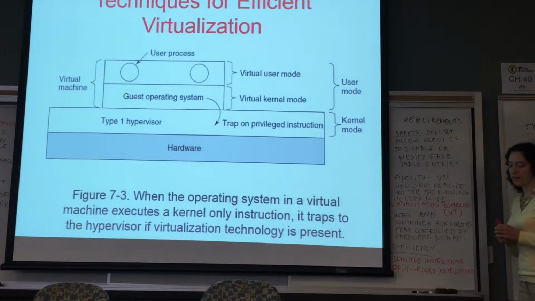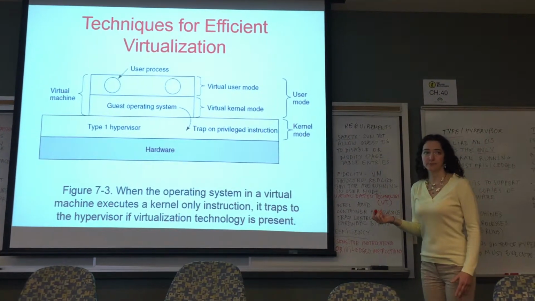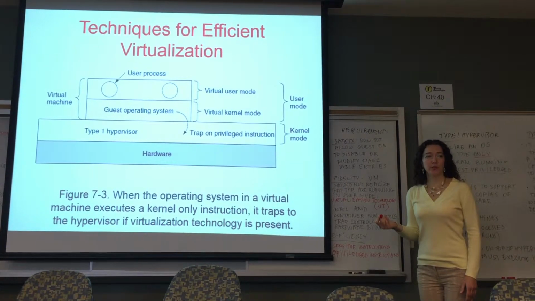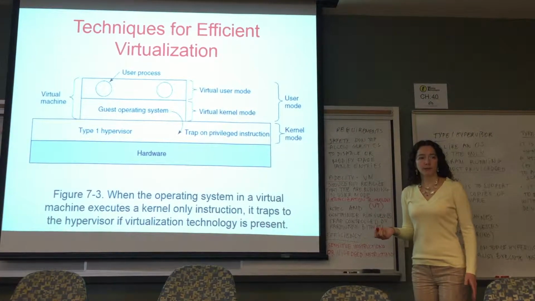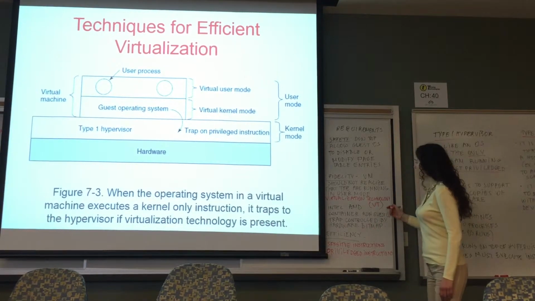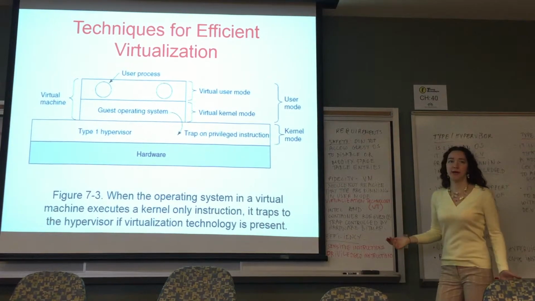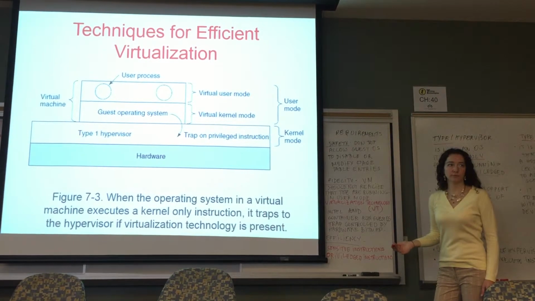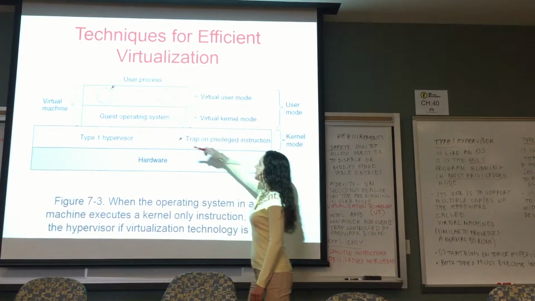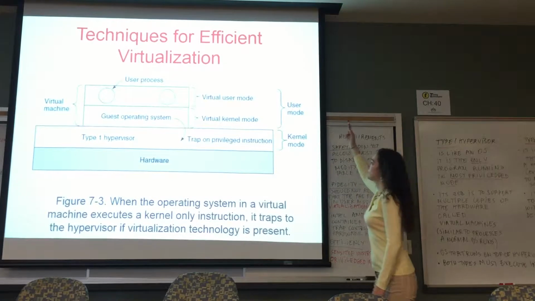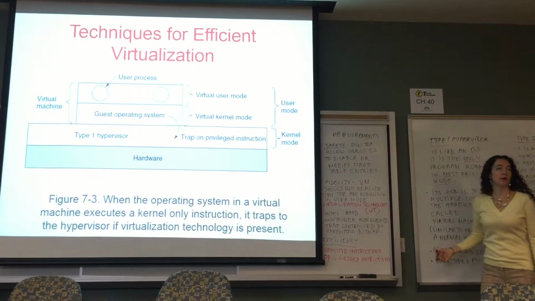The CPU has a set of instructions which it can execute when it's in kernel mode. When it's in user mode, these instructions cannot be executed. Normally, if the CPU does not support this virtual technology, the instruction will fail and the guest operating system will crash, because it's in user mode and trying to run a kernel instruction.